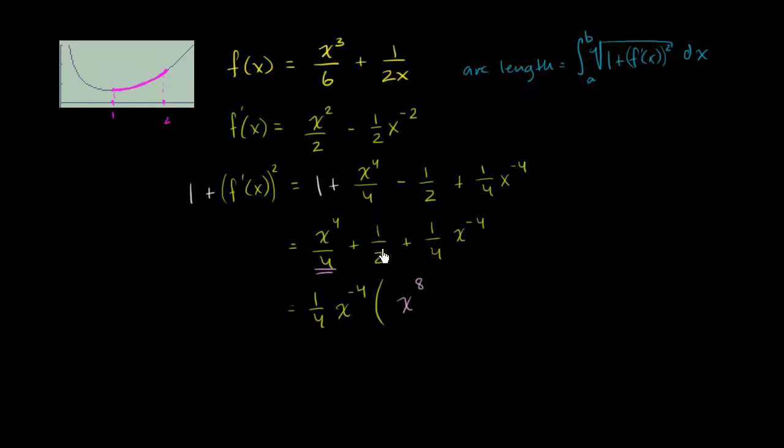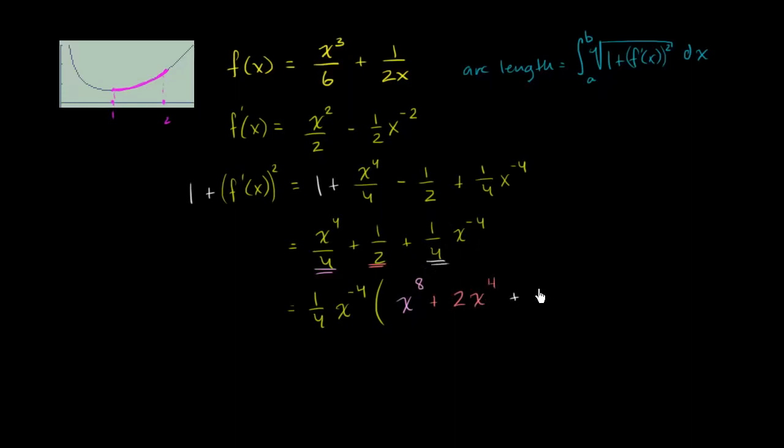Now this term right over here, if I factored out a 1/4, it's going to be equal to 2x to the 4th. So this is the powering through the algebra part. So plus 2x to the 4th. And then this one is pretty straightforward. This is just going to be equal to 1.